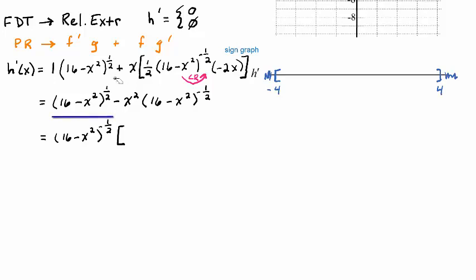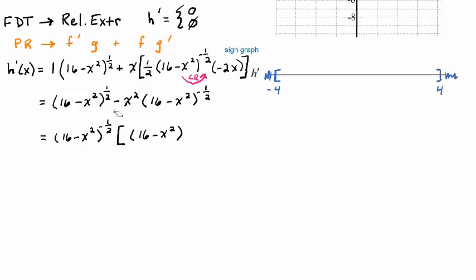We have to divide this term by this term, which means we're subtracting the exponents, and 1/2 minus negative 1/2 is 1. So we would have the quantity 16 minus x squared to the 1, which means we don't have to write the exponent. And you can always double check by multiplying it back out to get the original term.